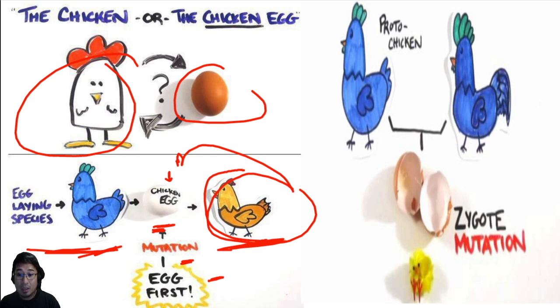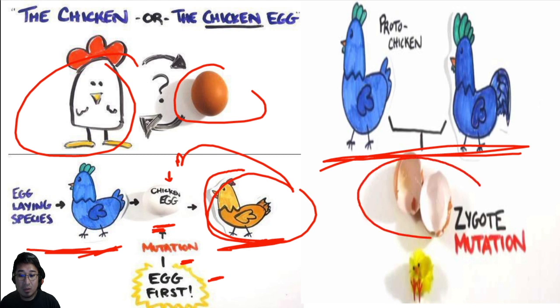Or another argument, pwede kong sabihin na nauna yung dalawang prototype chicken, nagkaroon ng zygote mutation for the egg. That's why we have your chicken. So this argument I can use to justify that the egg goes first before the chicken. So ang makikita natin dito is the interconnection.